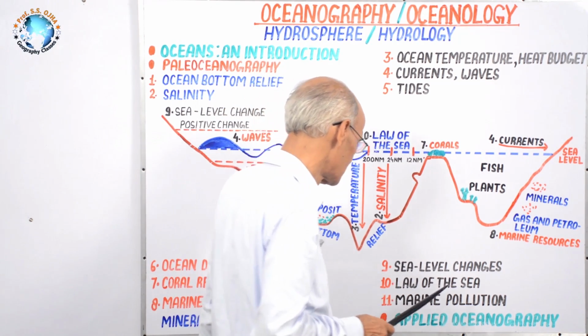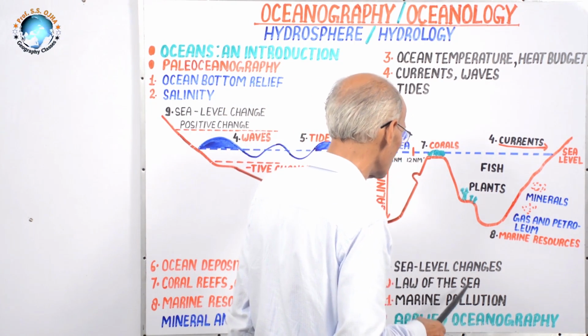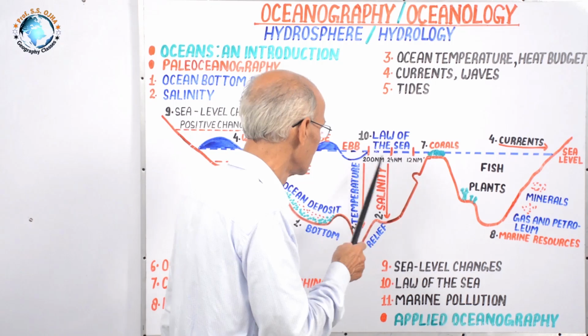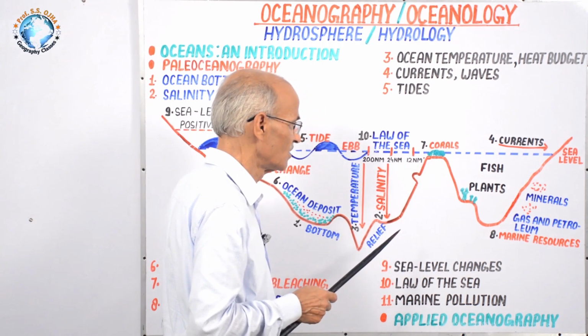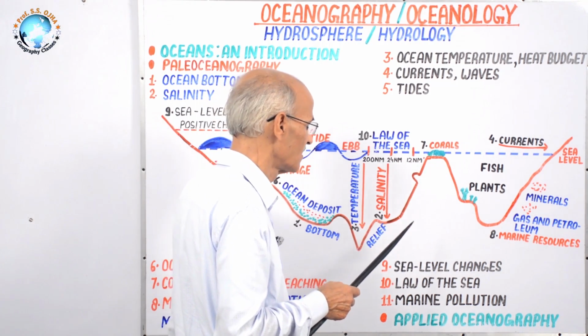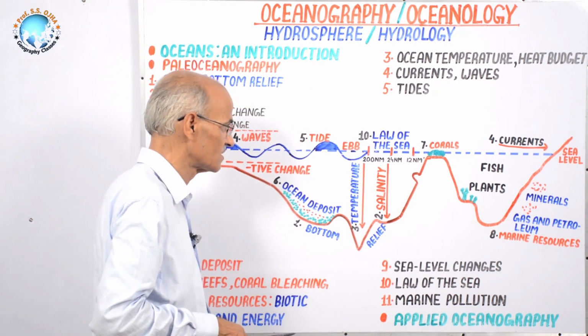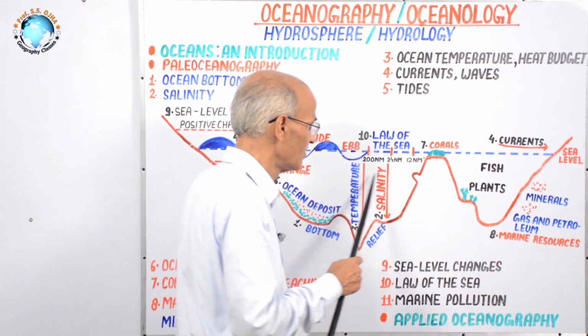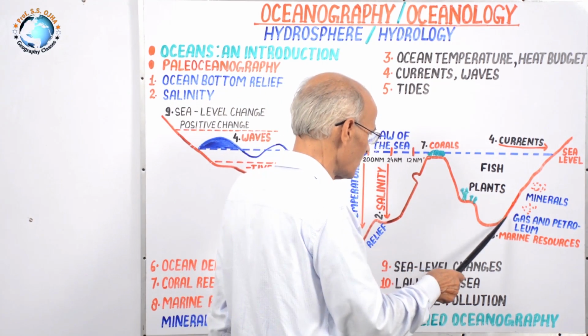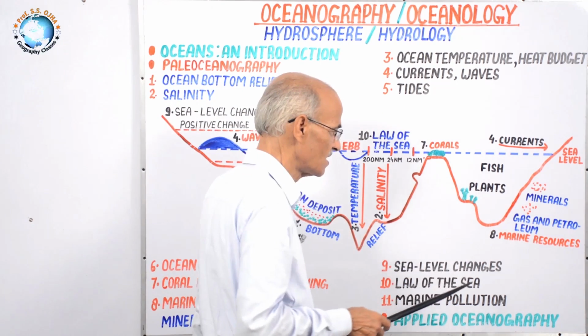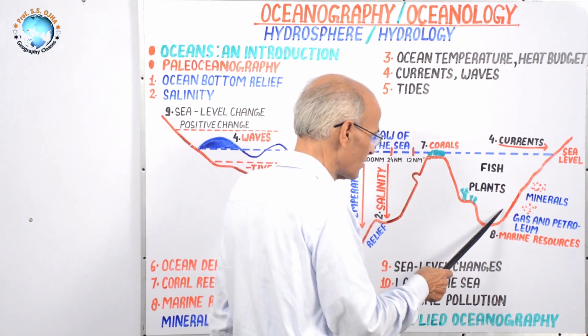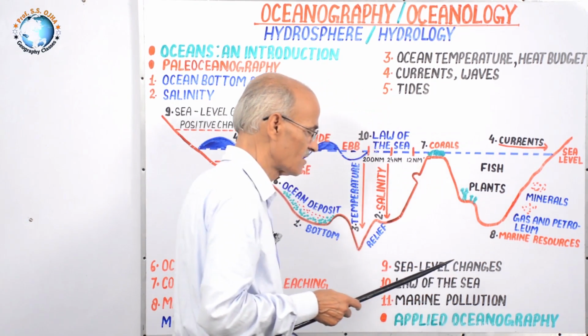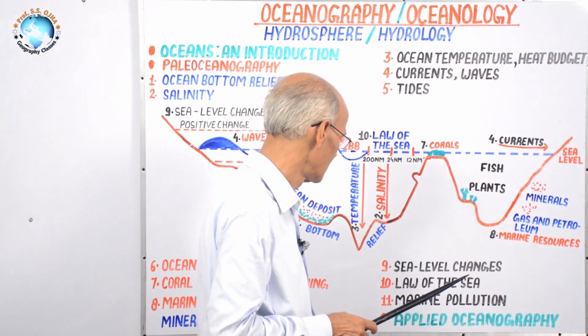And our next topic is marine pollution. If man is interfering in the ocean to such an extent for different marine resources, biotic, abiotic, energy, certainly there will be pollution. Suppose petroleum drilling and gas drilling also have an adverse impact on marine water because of oil leakage.